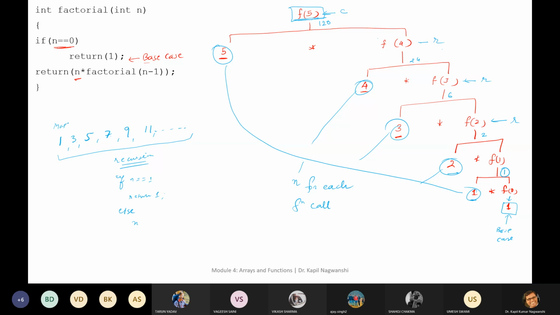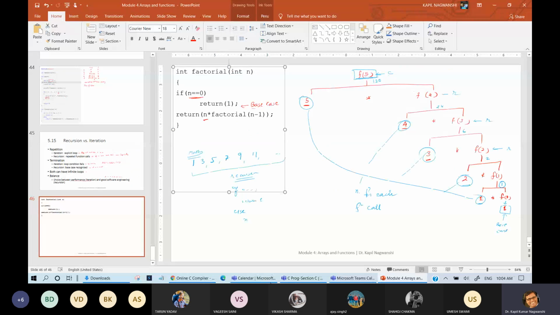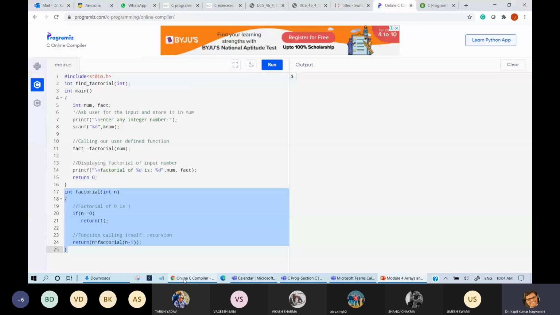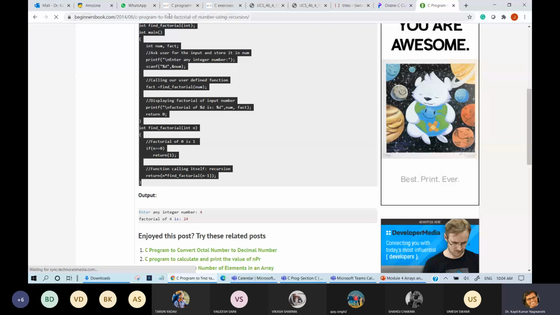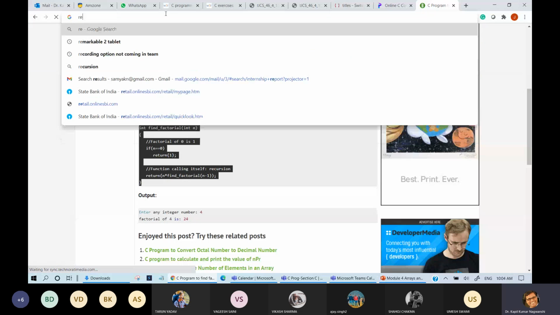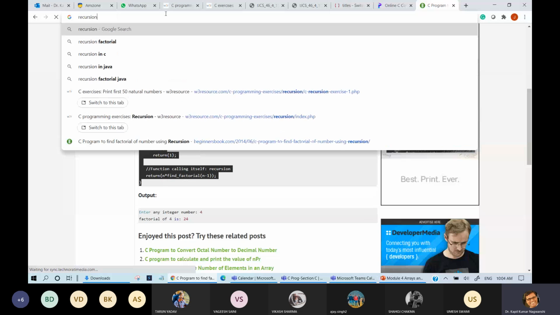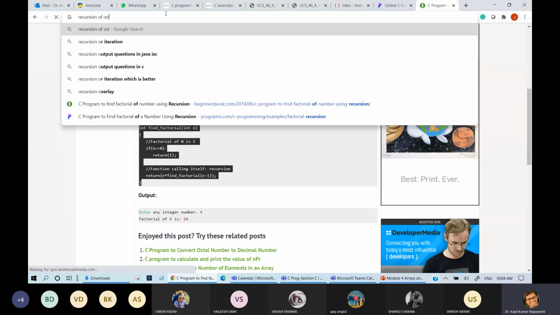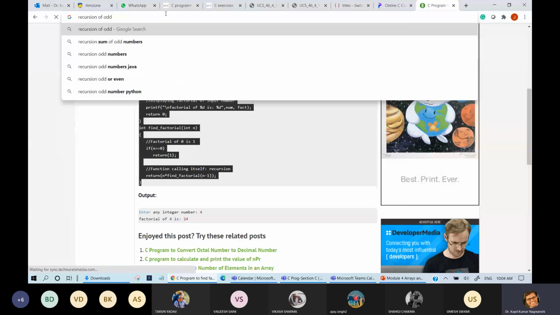In maths, there is a book in class 12, and you can see how to solve this problem by recursion. So this is actually recursion of odd numbers. Let me show you a recursion example of odd numbers, because I was not ready for that.